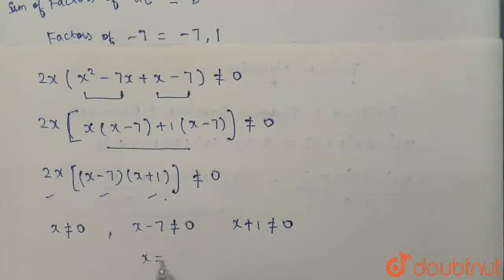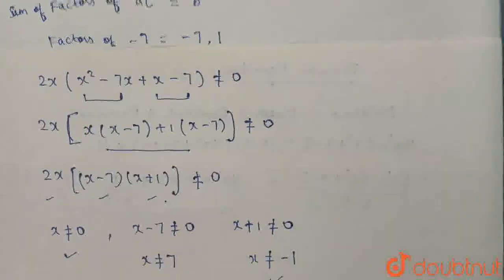From here x should not be equal to 7, and from here x should not be equal to minus 1. So any value of x other than 0, 7 and minus 1 will satisfy this, and then g(x) will be defined.